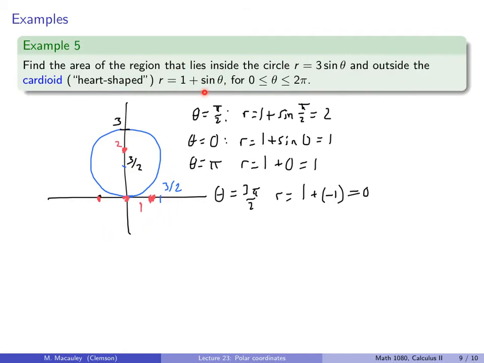So 1 plus something negative is going to be something less than 1. So if this is the circle of radius 1, our cardioid, I guess I said I wouldn't say it again, but I forgot. This region is going to be inside of this circle, so it's going to be smaller, and in fact it's going to look something like that.